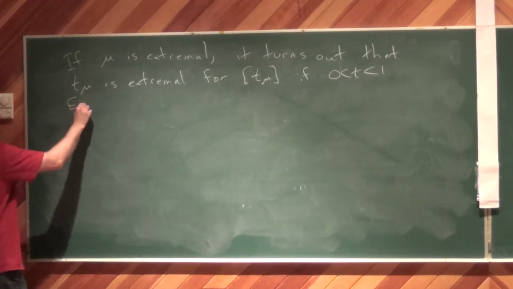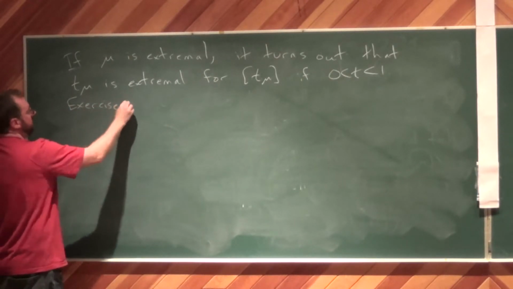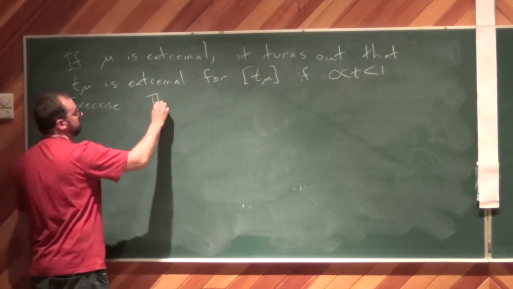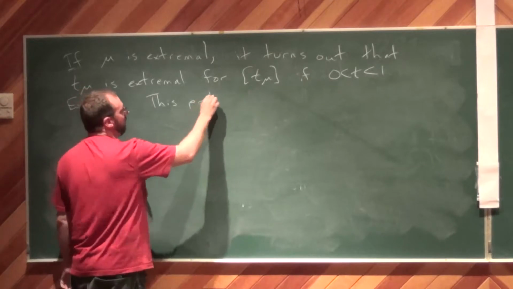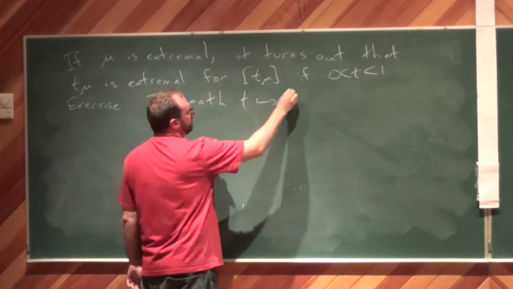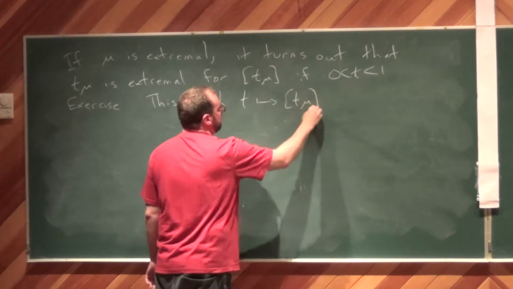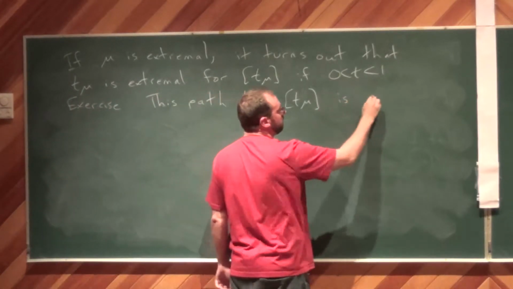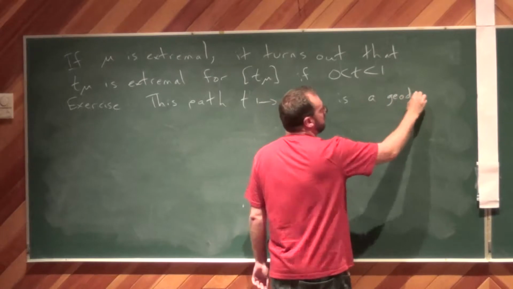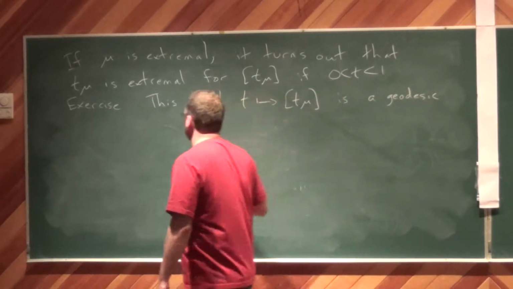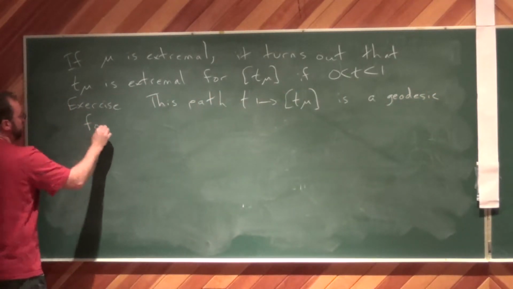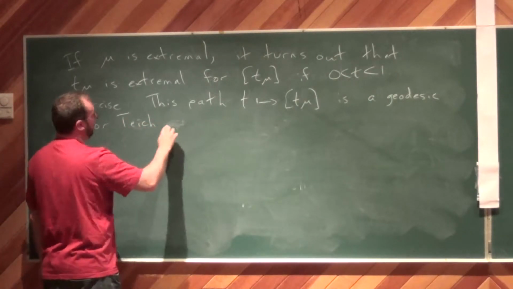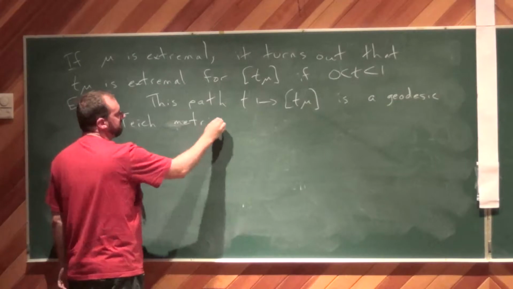And it's an exercise to show that this path that sends t to the class of t mu is a geodesic for the Teichmüller metric in Teichmüller space.